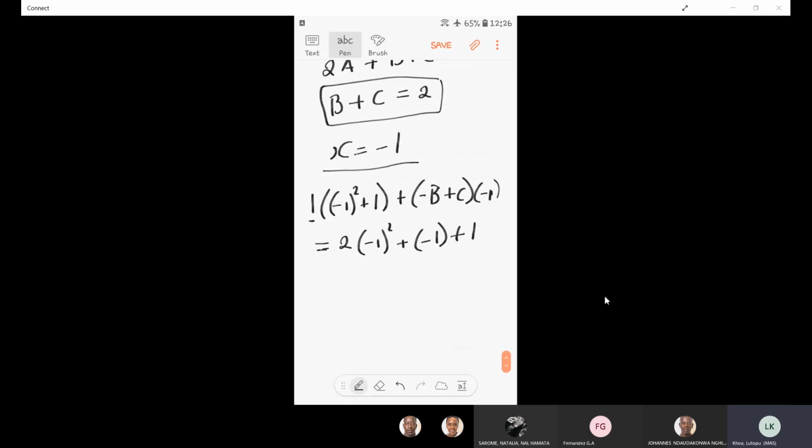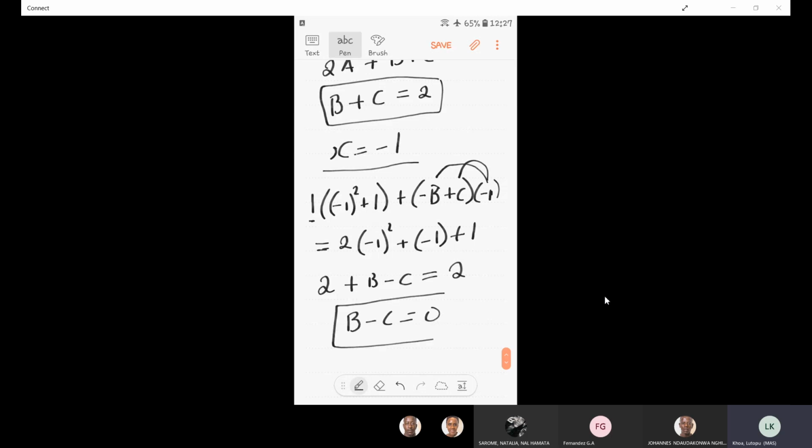Then when I simplify, here I have minus 1 squared plus 1, that is 2, and then I have b minus c, because I will multiply this, becomes positive, and then that one is negative. And then on the right hand side I have 2 minus 1 plus 1, this is just equal to 2. Okay, and this leaves me with b minus c is equal to 0.